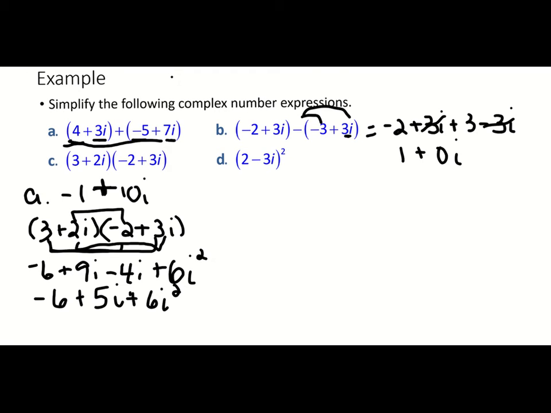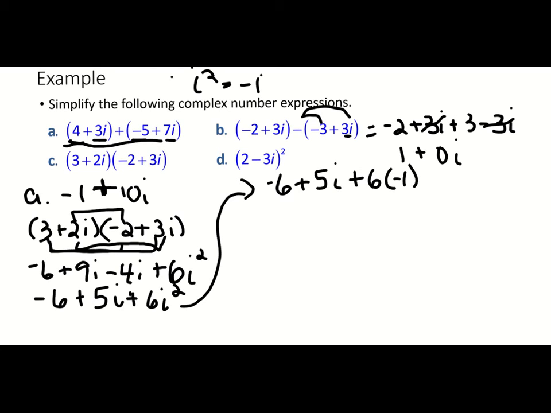But one thing I want you to recognize here is whenever you have i squared, we know that i squared is always equal to -1. So we're going to convert that. So we really have right now, and I'm going to put it up over here, -6 plus 5i plus 6 times -1.